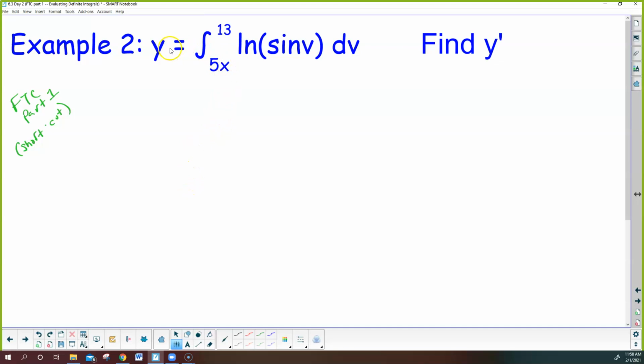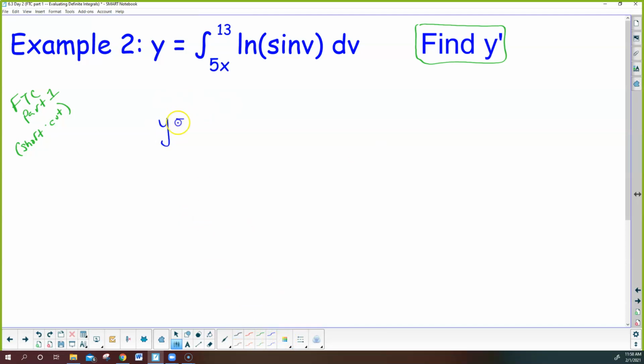All right, so what do we have? We've got y equals an integral. And then they say find the derivative. So I want to take the derivative of both sides. But before I do that, we don't like x on the bottom, right? So we want to flip the bounds. I'll just do that in the very first step.